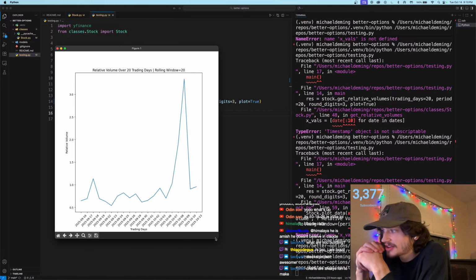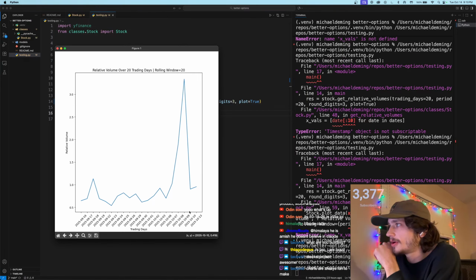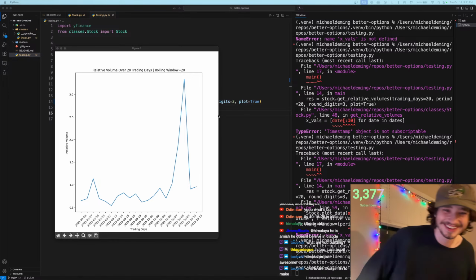So this gives us the last 20 trading days of data. So we had a lot of volume on the 9th, which makes sense because that was Friday, the day of the crypto crash. So I think we got it.